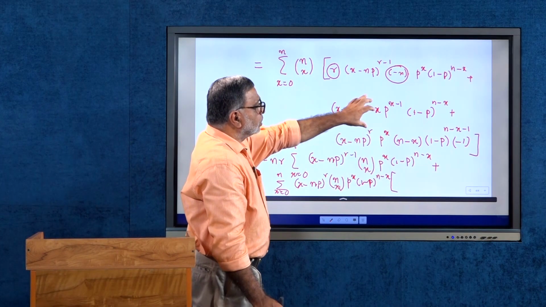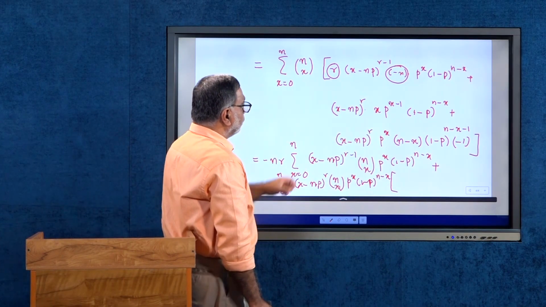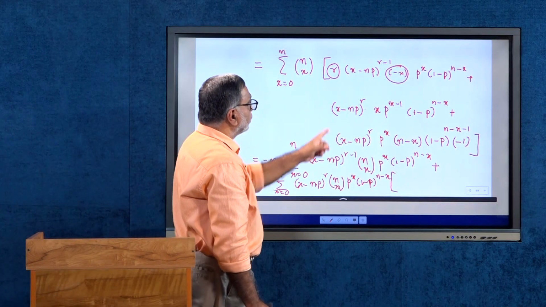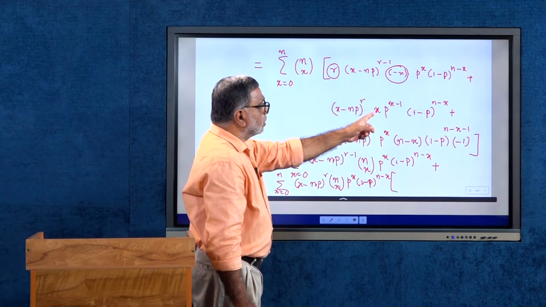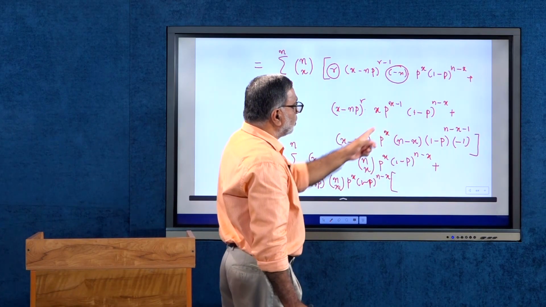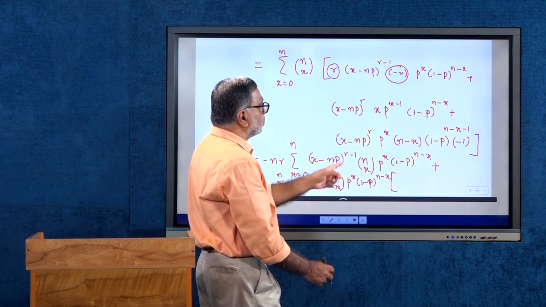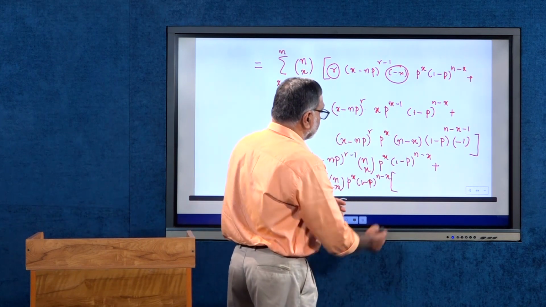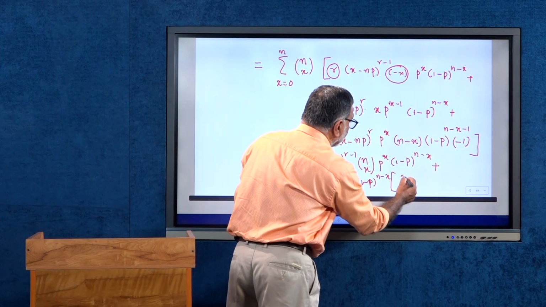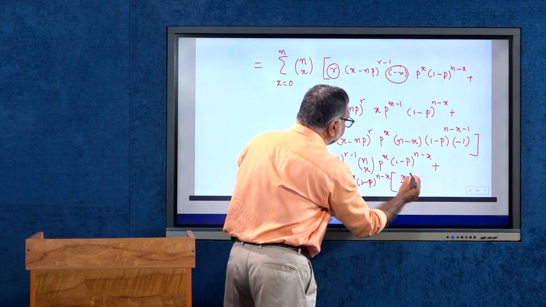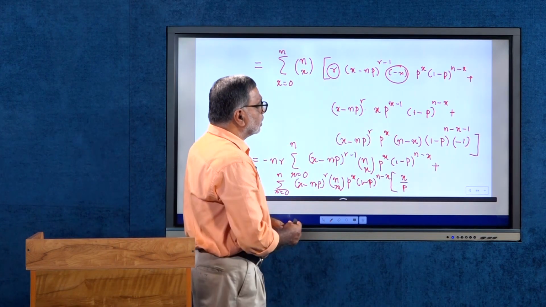Here just look, the second expression we have already considered, (x minus np) power r, nCx is also considered. Instead of p power x minus 1, we consider p. So, we had to reduce 1 p there and x is there. So, we have x divided by p corresponding to the second expression.